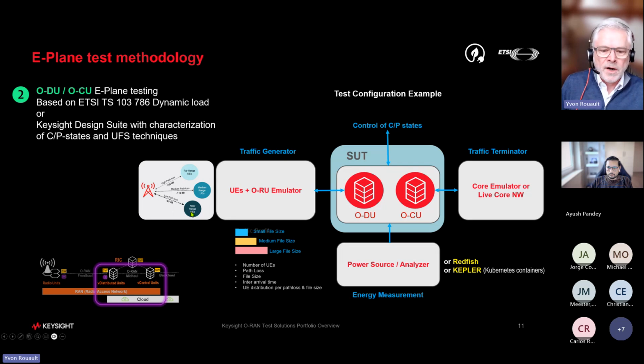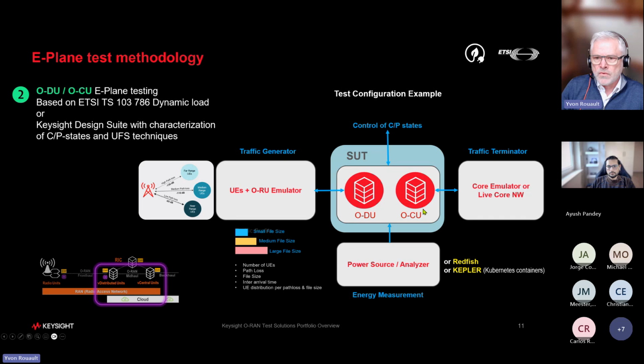So we apply path loss and fading to each of the UEs. We simulate a real case where you have a lot of UEs simulating different kinds of traffic profiles at the application level, located at different distances from the cell. Realistic again.